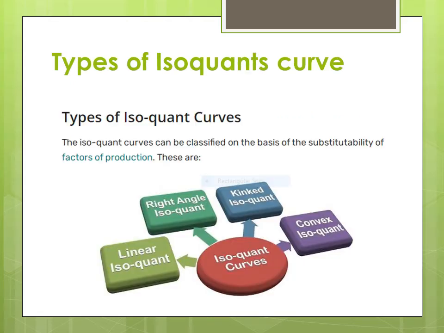We should have a bird's eye view on the types of isoquants. Here are some types of isoquant. Isoquant curves can be classified on the basis of the substitutability of factors of production. These types are linear isoquant, right angle isoquant, kinked isoquant, and convex isoquants.